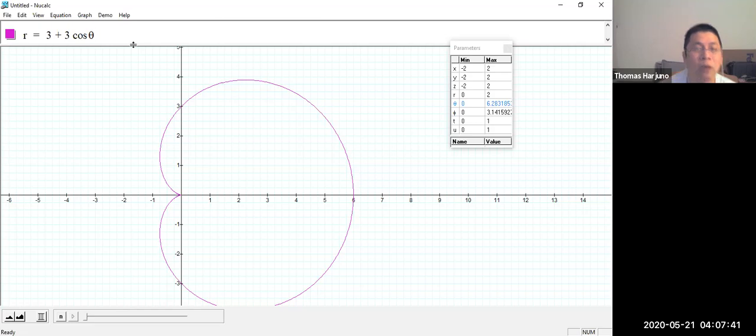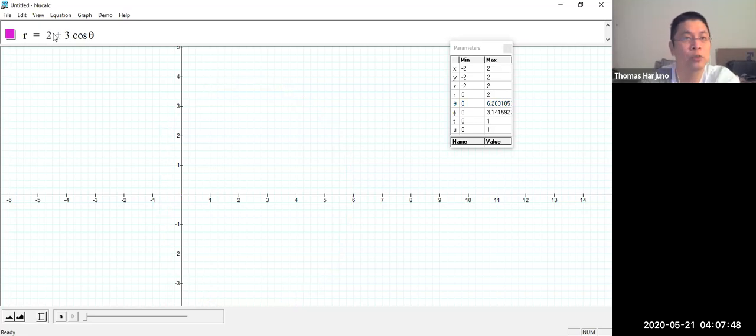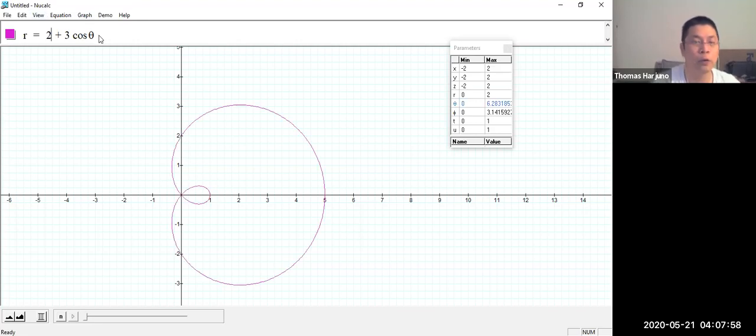Now, suppose I make the coefficient of cosine smaller. Now it is possible this becomes -3, such that the total radius becomes -1. Then we have a loop.